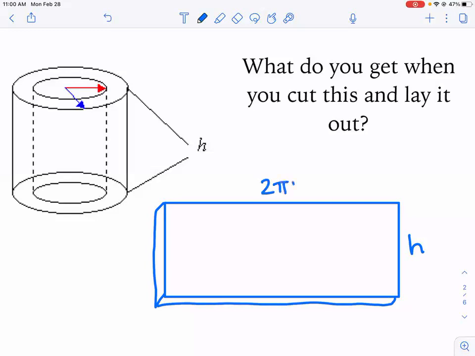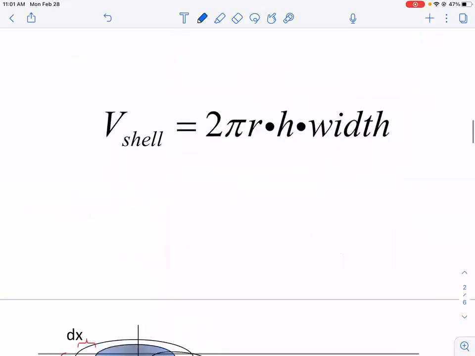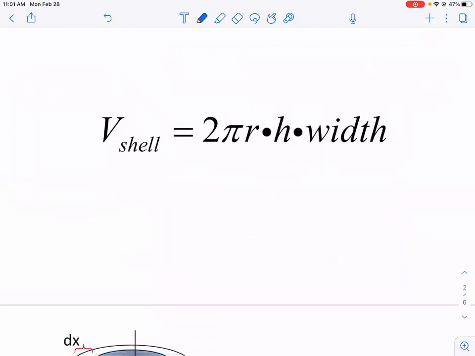Okay. So the volume of this rectangular prism is length times width, so 2 pi r times height times, just say T for thickness, or width, or depth, whatever.